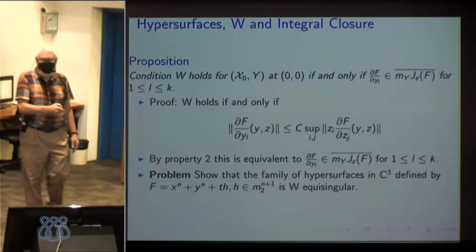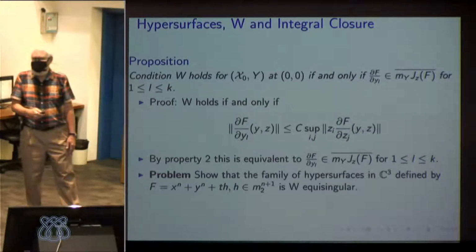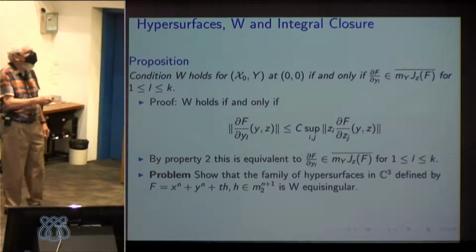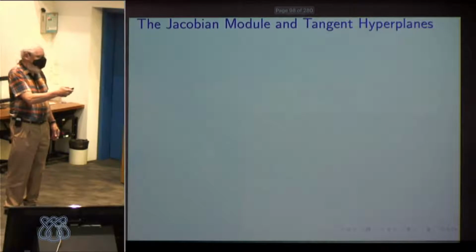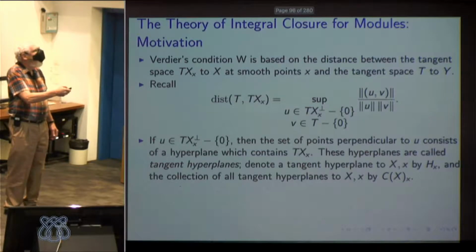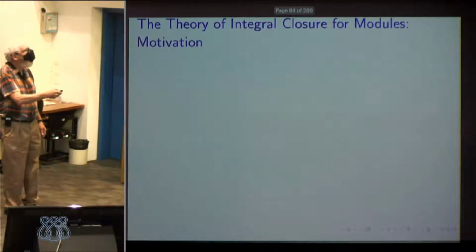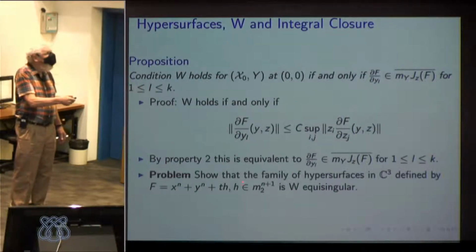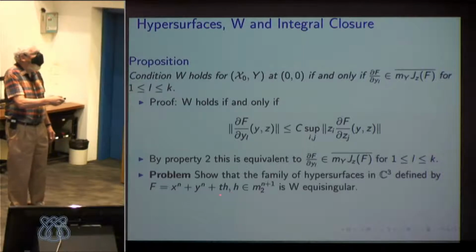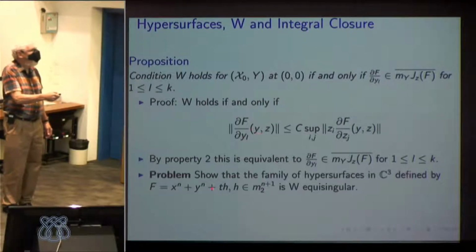I suggest that you use the curve criterion to prove that the partial with respect to t, which is h, is contained in jz of f, m jz of f bar. Try to do that. And then once you do that, you use this proposition here to get the result.